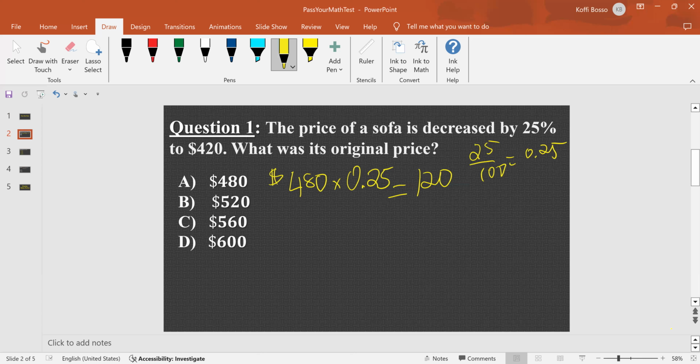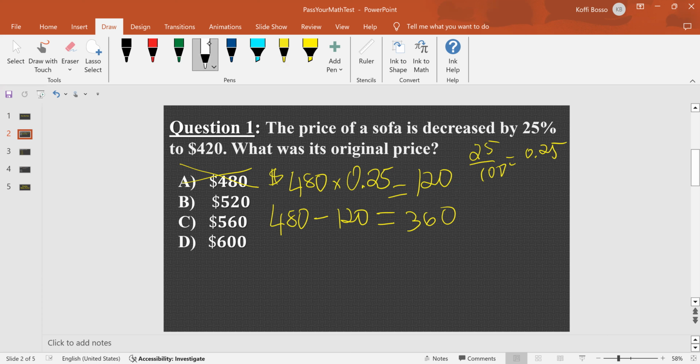That discount will be taken out from the 480. So now you do 480 minus 120, and you get 360. So A is not the correct choice. Why? Because if this is the correct choice, after we apply the 25%, we should get 420. We don't get that.